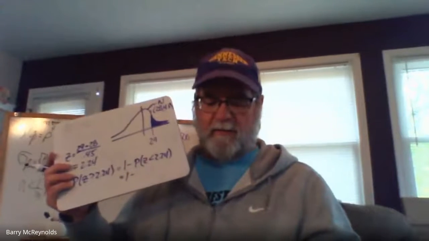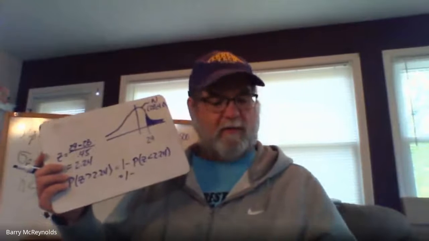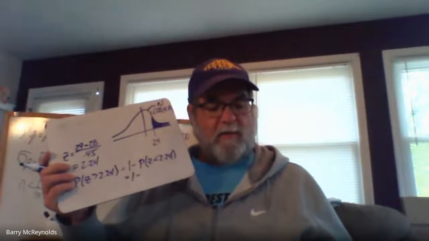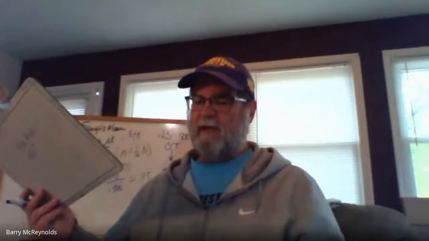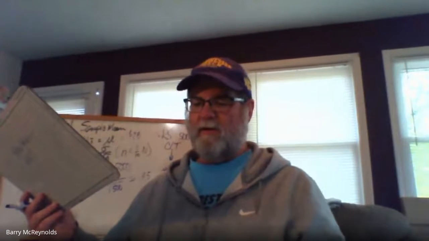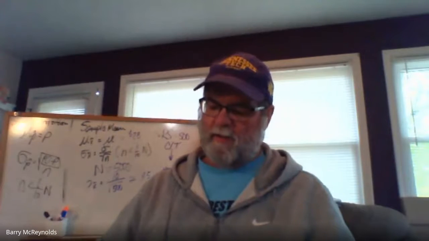Let me turn back here really quick. 2.24, 0.9875. Yeah, that's what it is. And so that probability then is the difference of those two values, which is about 0.0125, I think. Yeah, 0.0125.